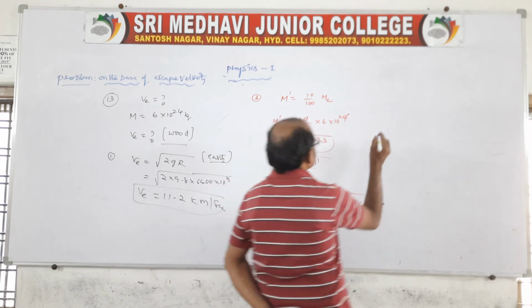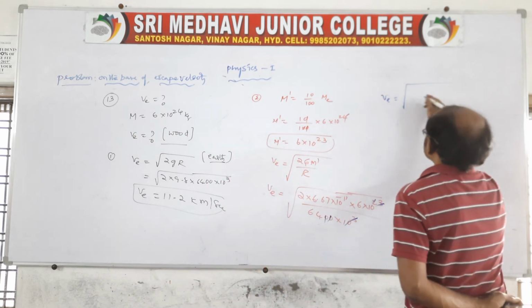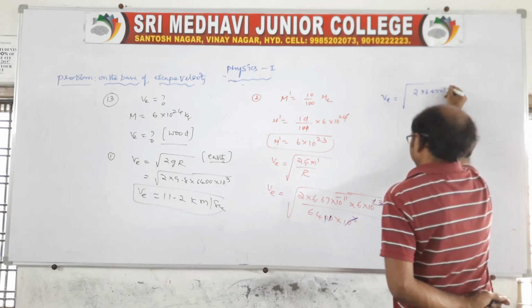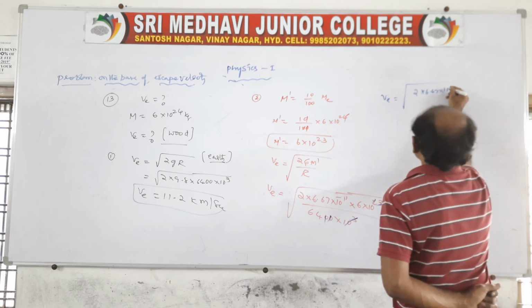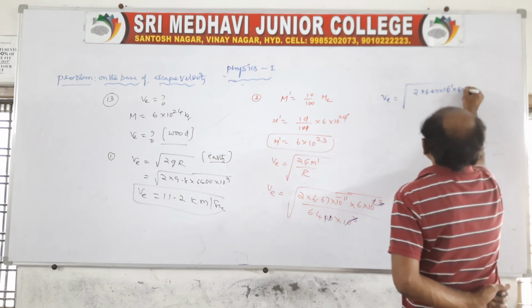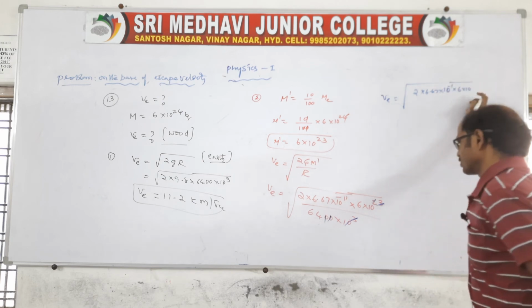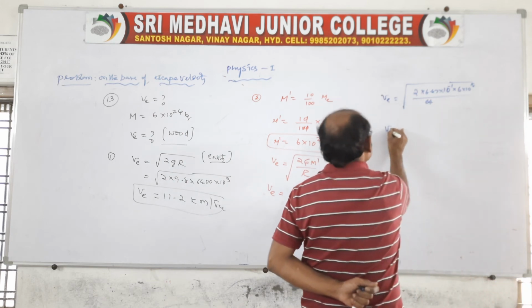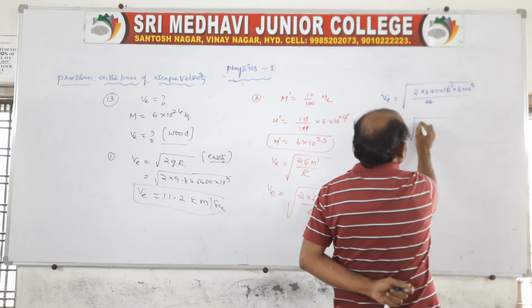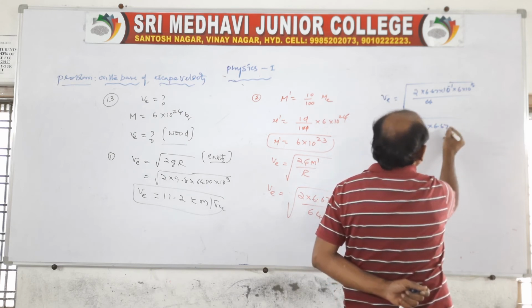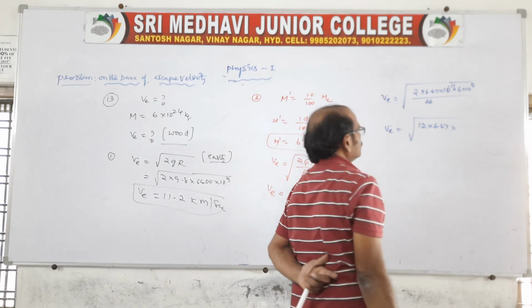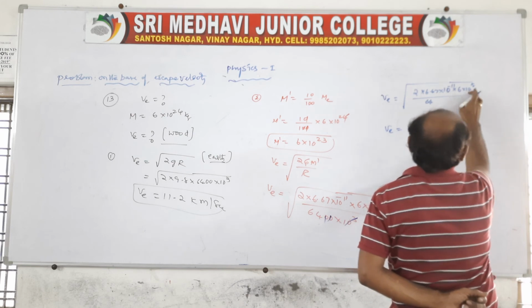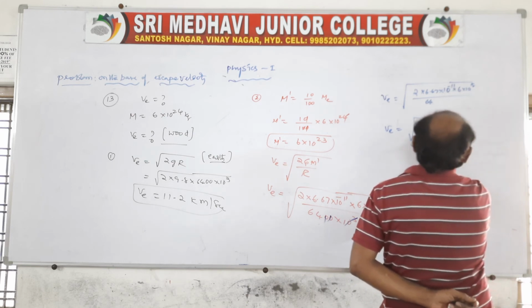So V_E is equal to root over 2 × 6.67 × 10^-11 × 6 × 10^18 by 64. Simplifying the powers, V_E is root over 6 × 12 × 7 × 10^18 by 64.